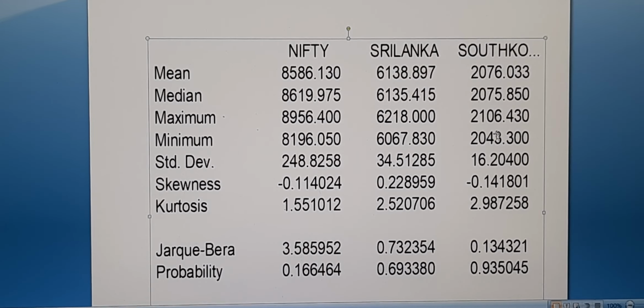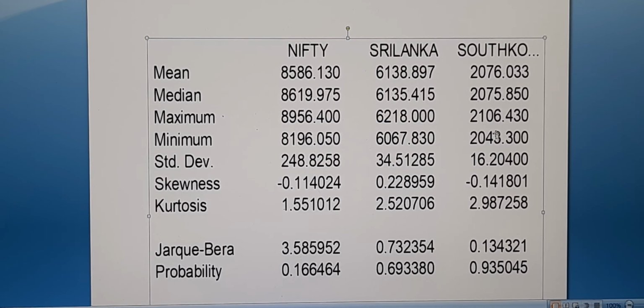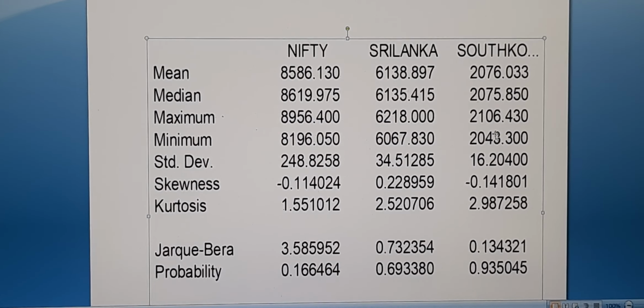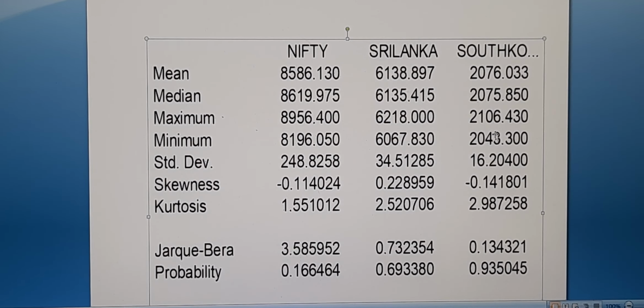In the case of South Korea, the standard deviation is 16.20, which is very low compared to Nifty, and the skewness is minus 0.14. It is also close to 0, so it is approximately normally distributed. The series is symmetric. And the kurtosis value for South Korea is 2.987, that is approximately 3.